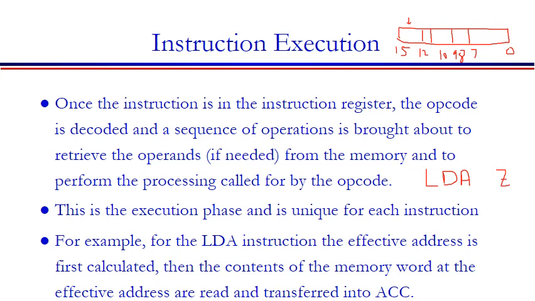So we can explain in the form of the instruction LDA Z. If we are saying that there is instruction LDA Z, so we are saying that we are moving or shifting the contents of the Z register, the memory register, into the accumulator.